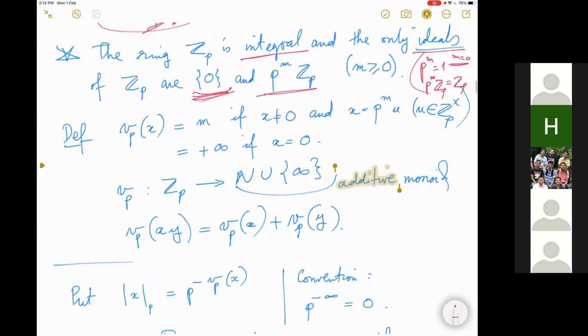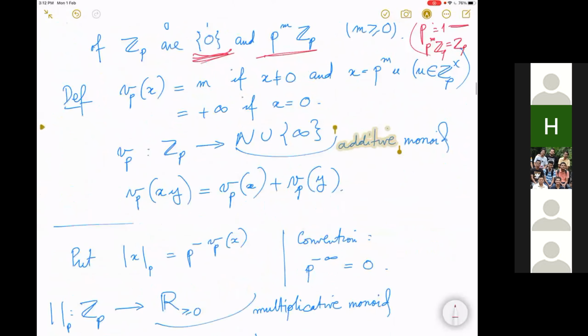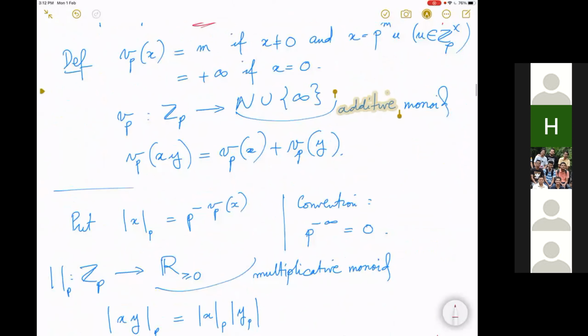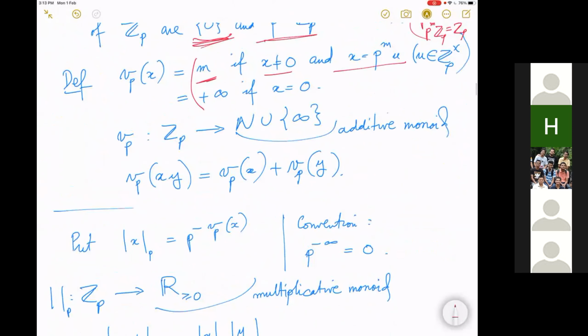Okay, so if you now define the v_p of an element of Z_p to be m, if x is not 0, and m is the exponent when you write x as a power of p times a unit, so that exponent here is going to be the p-adic valuation of x. And if x is equal to 0, you call it plus infinity. So v_p is therefore a map from Z_p to N union plus infinity.